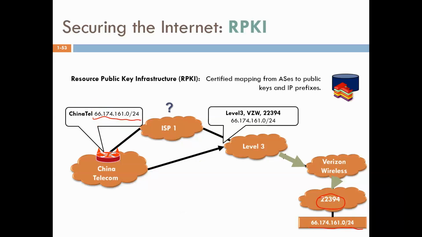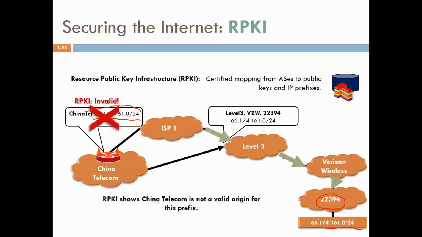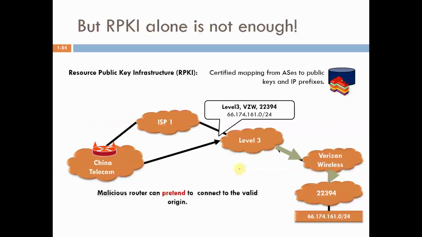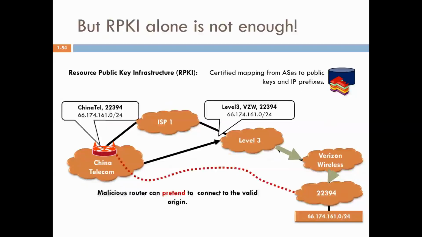Every autonomous system will have a unique signature that cannot be faked, cannot be manipulated. Okay, and so China Telecom in this case cannot pretend to be 22394, cannot pretend that it owns 66.174.161.0.